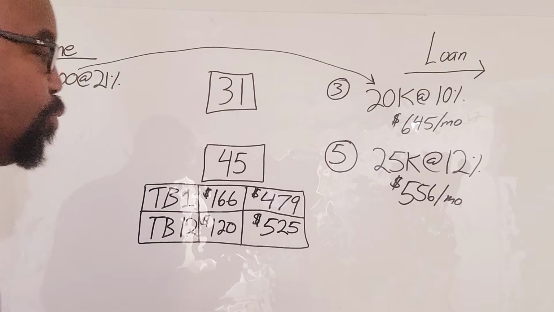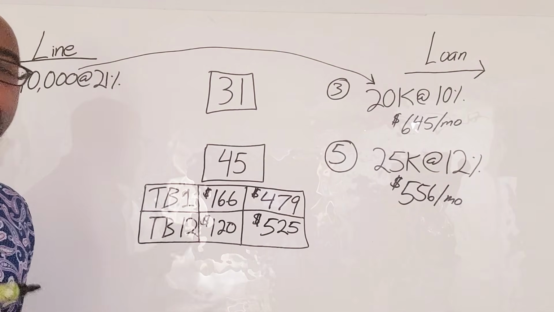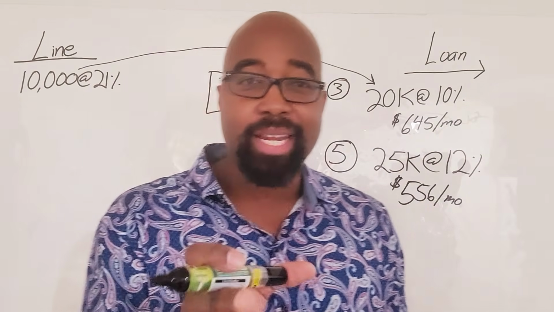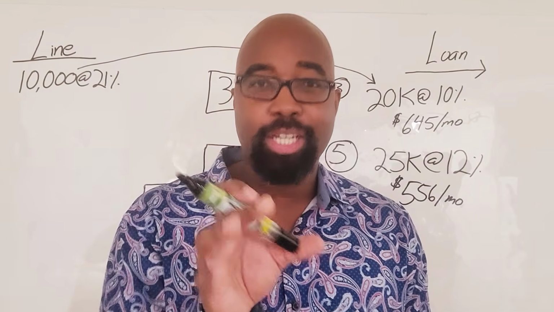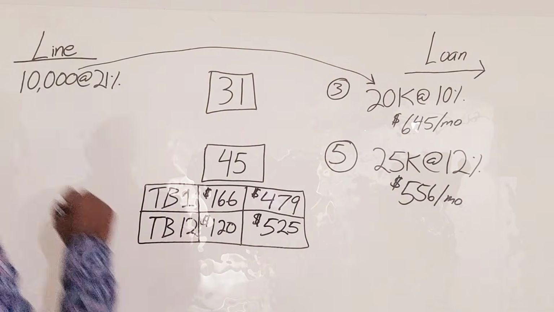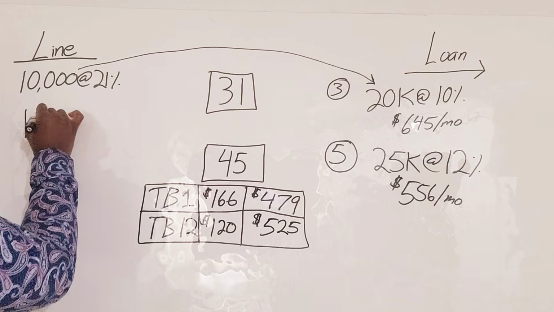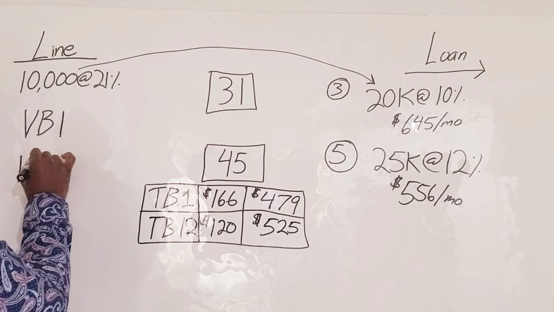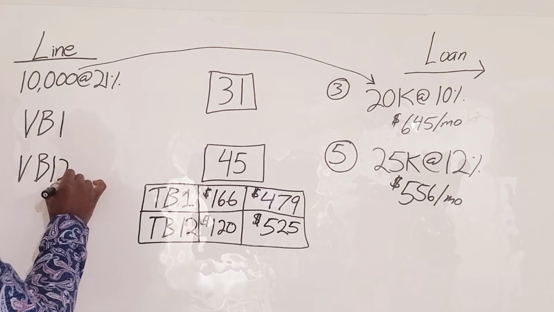Now, let's say you were to do velocity banking. What are we going to do next? We're going to go ahead and make sure that you can read it because I want you to look at this. So we're going to go on this side for velocity banking, all right? Velocity banking at month 1 and velocity banking at month 12, right?